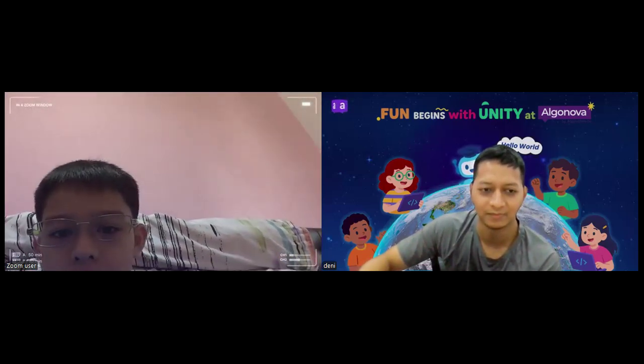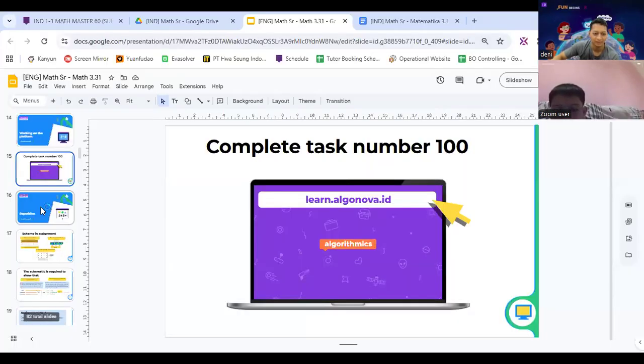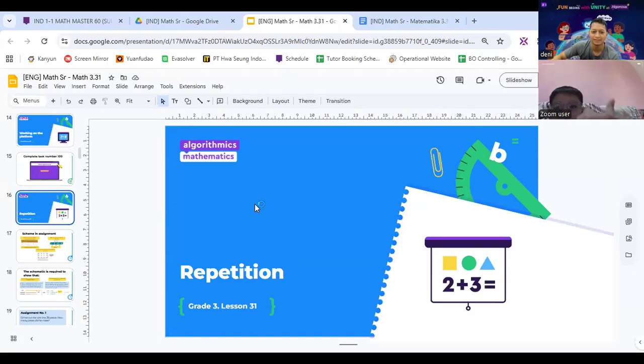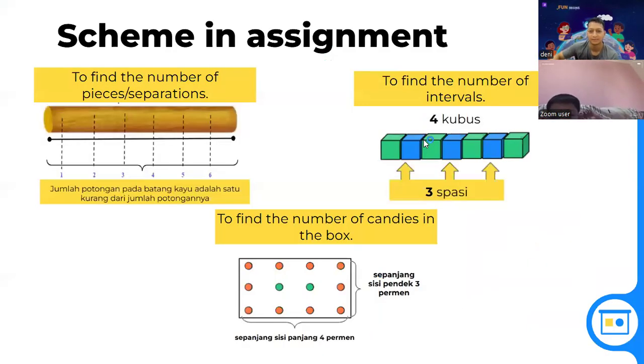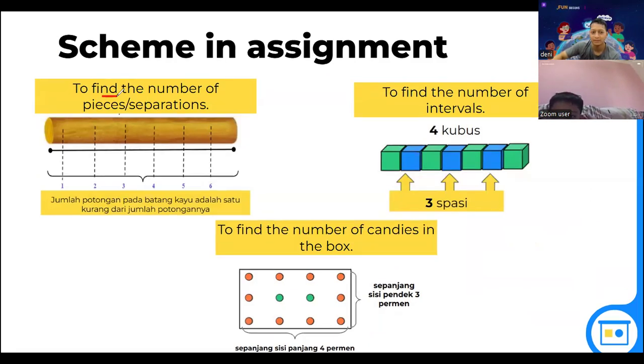Okay, let's go to the main topic for today. Repetition. Then in assignment, yeah, we have learned about this. Like we find the number of pieces or separations, and then this to find the numbers of intervals.